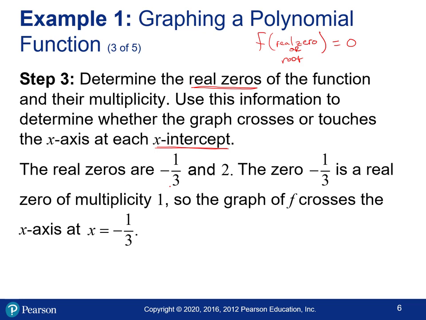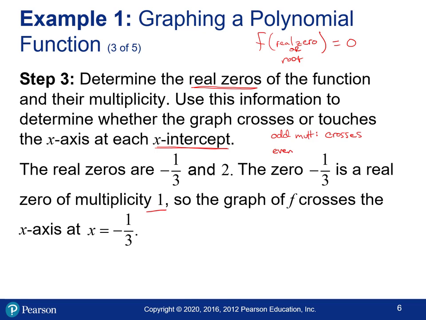And so we had negative 1/3 and 2. The negative 1/3 had multiplicity of 1. And we talked about what happens if you have an odd multiplicity: your graph crosses through the x-axis at that point.